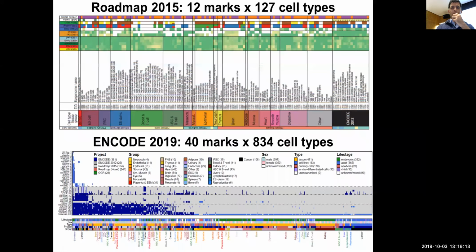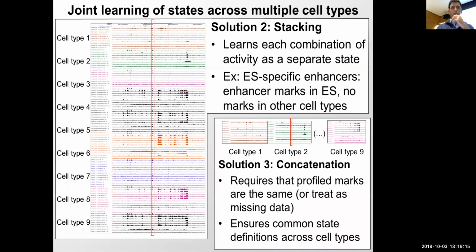The second approach is, instead of pretending I have 81 marks, to pretend I have only 9 marks, but across 9 times as many genomes. So instead of 23 chromosomes, I have something like 200 chromosomes.